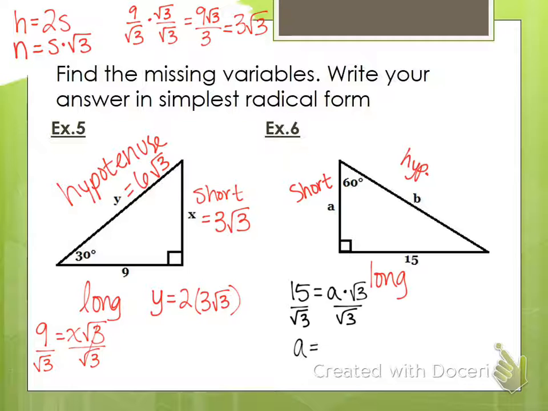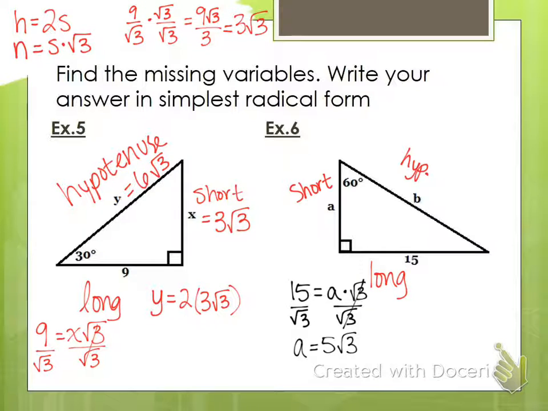Did anybody simplify that? Rationalize it, Akira? 5 root 3 sounds good. Does anybody need to see the rationalization of that denominator? This should be something that you're able to do pretty quickly on your own at this point. Questions about finding A?